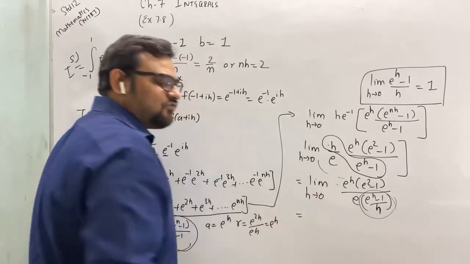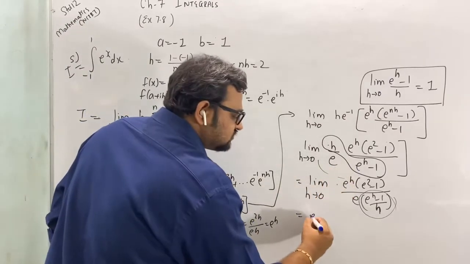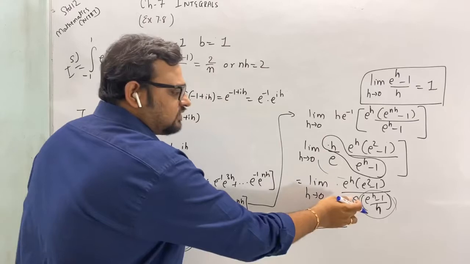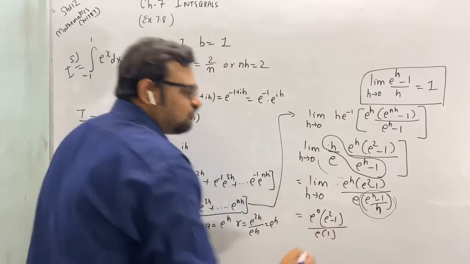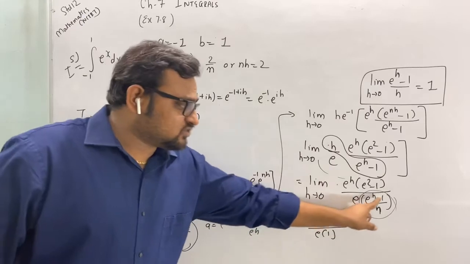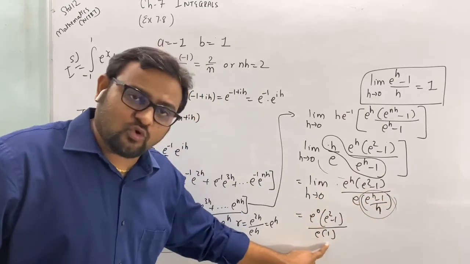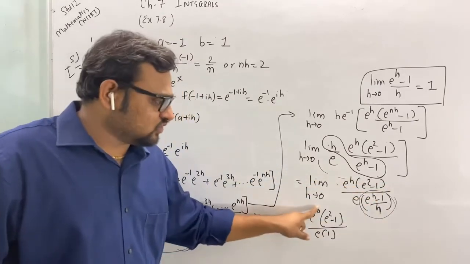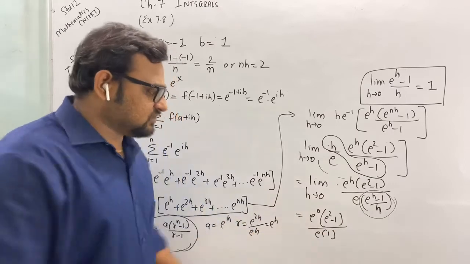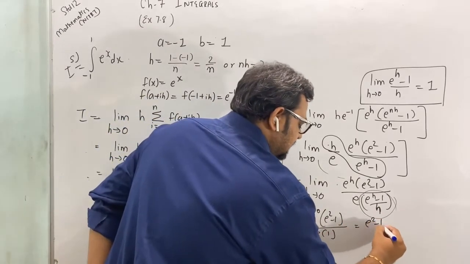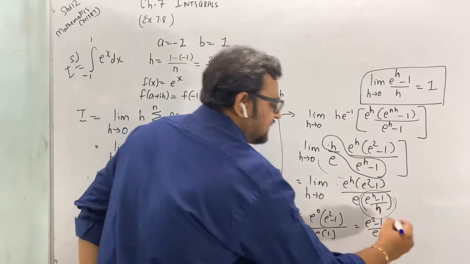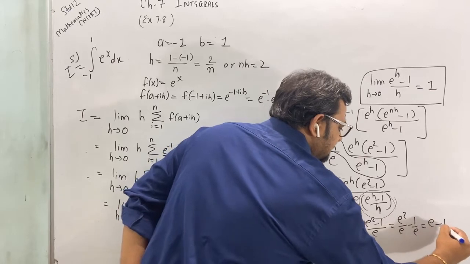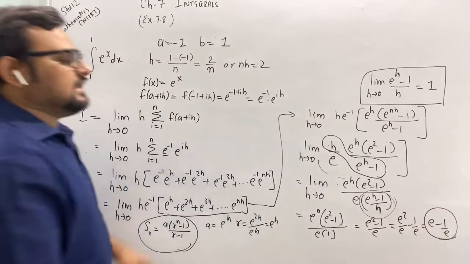And then putting the value of h as 0, e raised to 0 is 1, so we get (e square minus 1) upon e into 1. Limit of (e raised to h minus 1) upon h is equal to 1; instead of this h, I put 0. So this will be equal to (e square minus 1) by e. I will separate it: e square by e minus 1 by e. So the answer is e minus 1 by e.